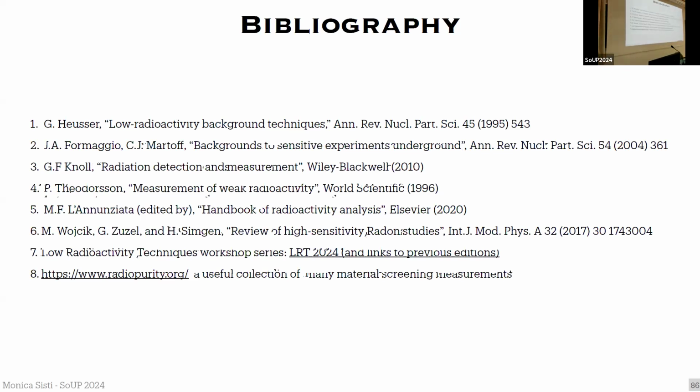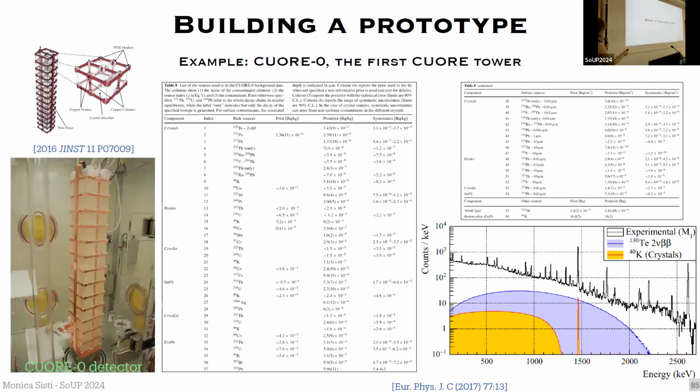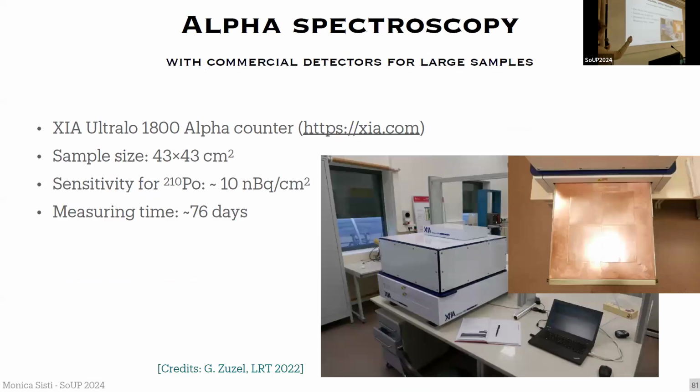It was a very nice, wide, and at the same time deep overview. Questions? Please. What are the advantages of using an XIA alpha counter over other types of screening equipment? Because with this one, you can put wider samples.